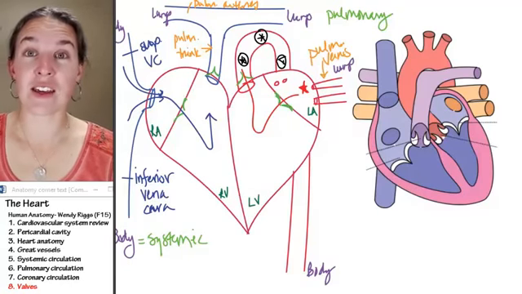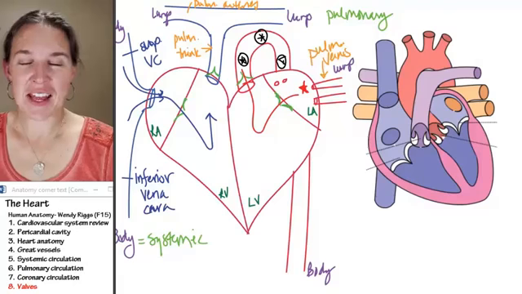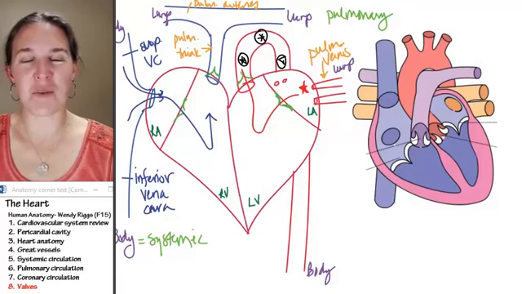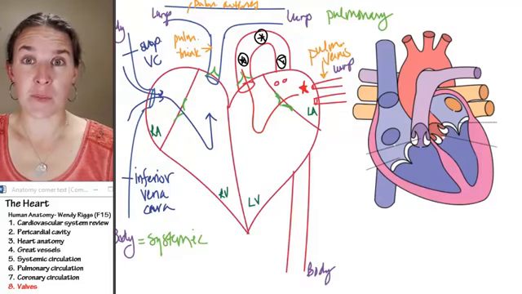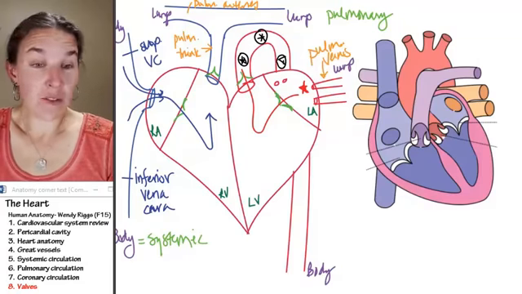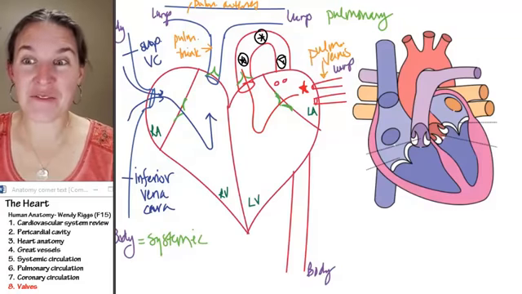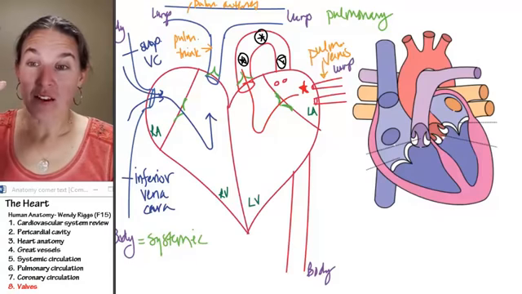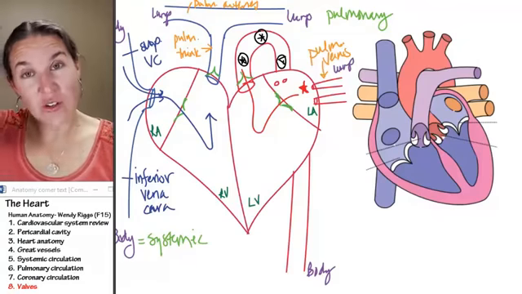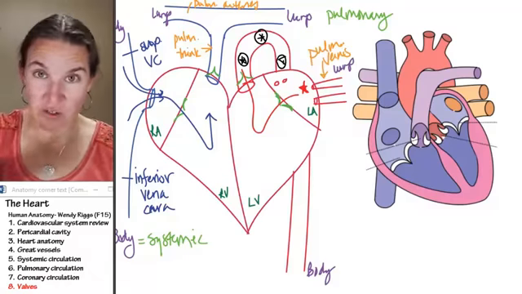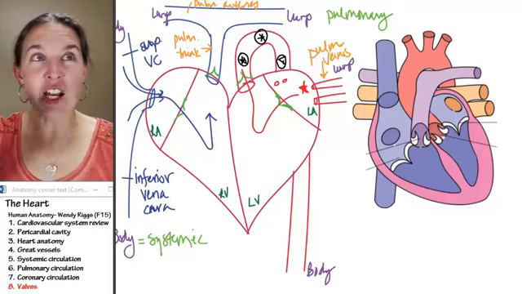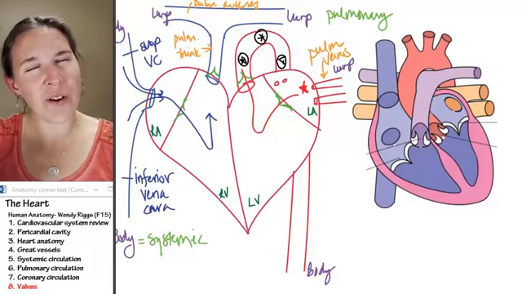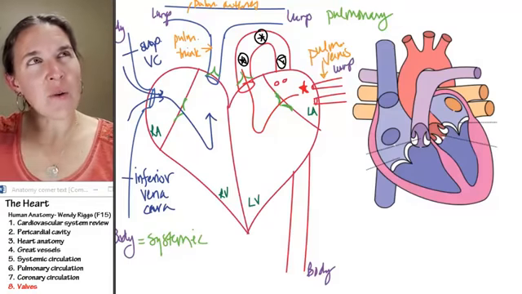Valves are the critical anatomical structures that prevent blood from going backwards. Our blood flows from atria to ventricles to somewhere, to atria to ventricles to somewhere, and it has to go in that order.